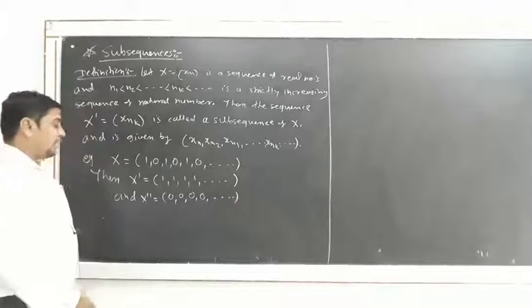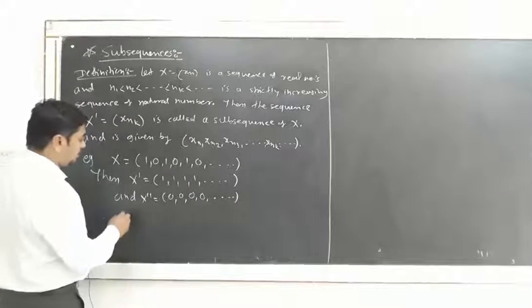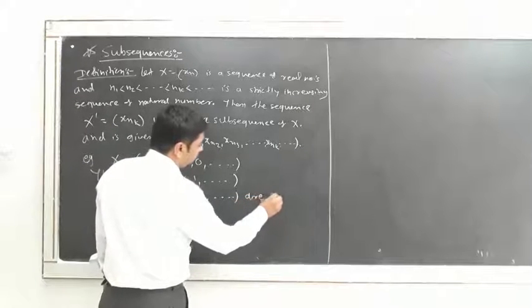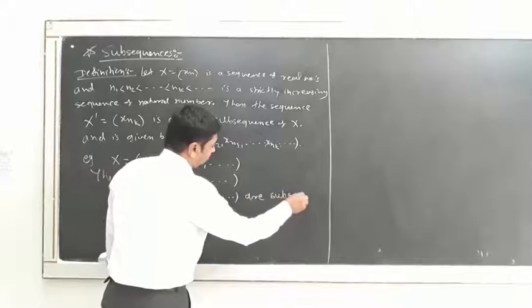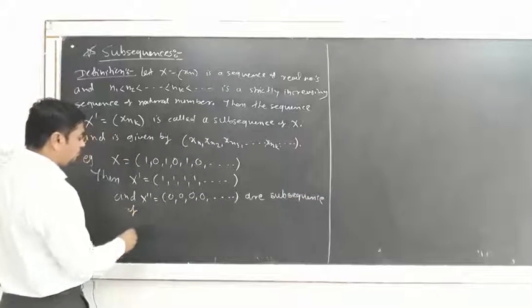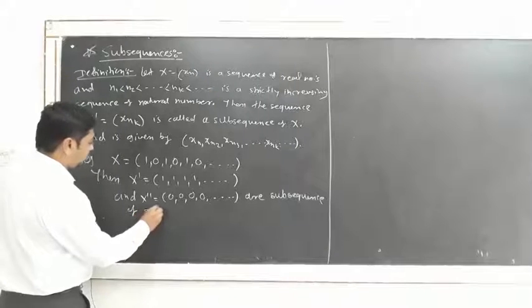These are subsequences. Then X dash and X double dash are subsequences of the sequence X.